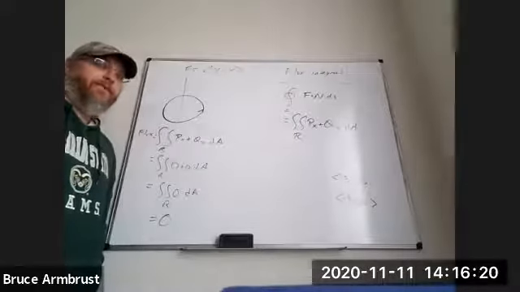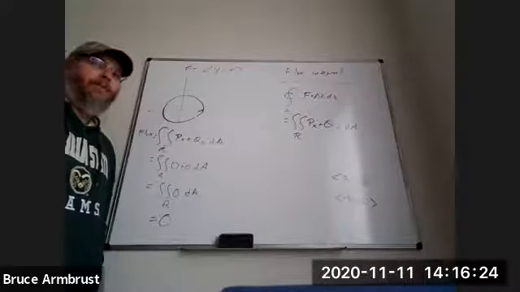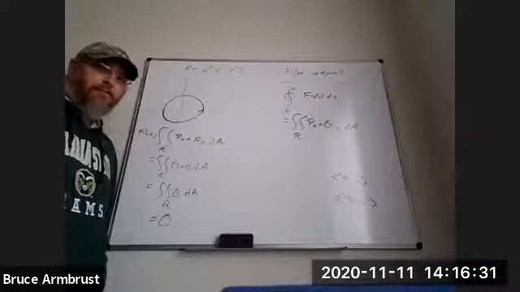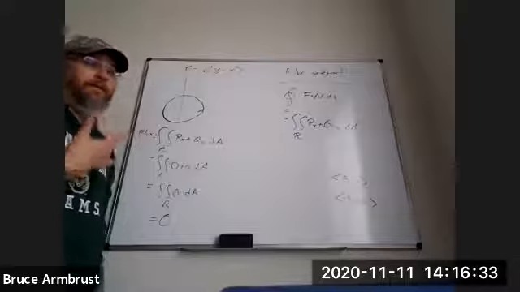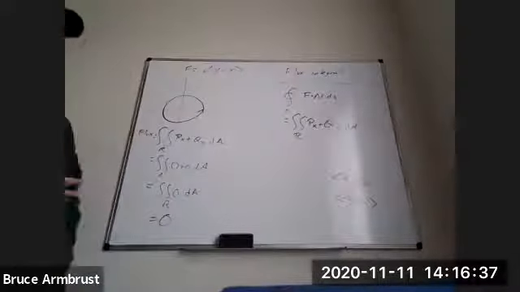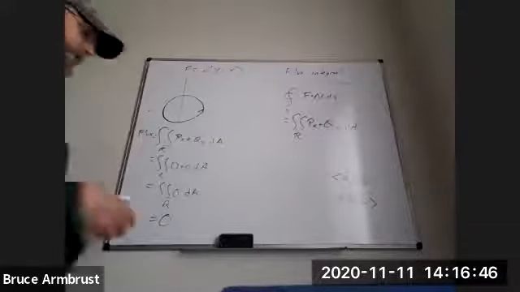Think about conservative fields. When it came to work, closed path, we got work 0. And it didn't really matter how you get from point A to point B. Well, this is the same deal, but for flux. And so these have a name. These are what we call source-free fields.